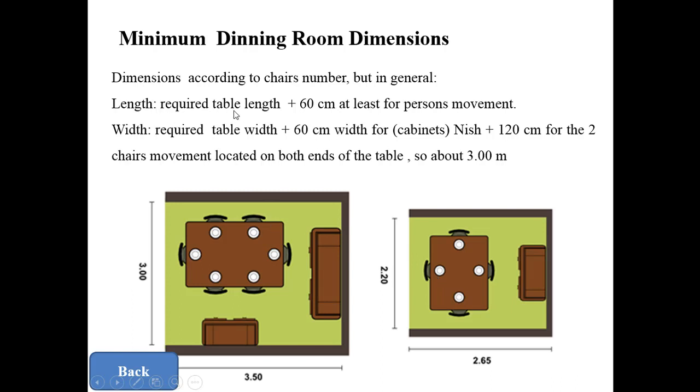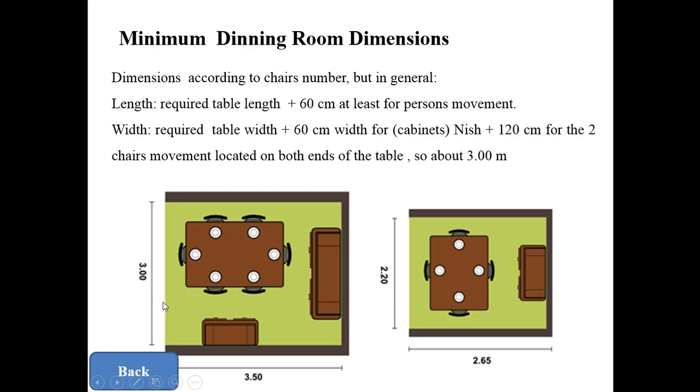The required length is the table length plus at least 60 centimeters for persons' movement. The width required is the table width plus 60 centimeters for cabinets here, the niche, and 120 centimeters for two chairs' movement from here and from here. Movement is located at both ends of the table, so about 3 meters.